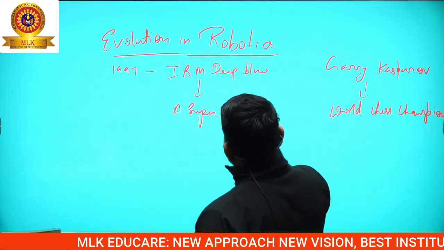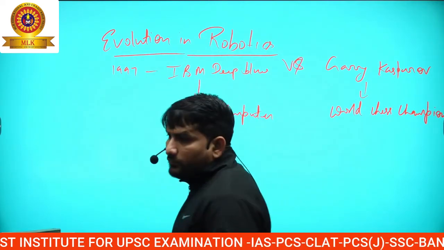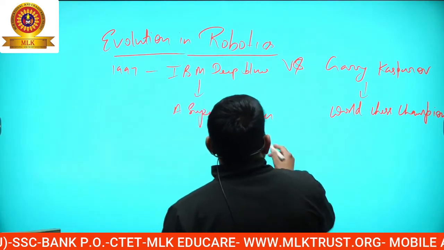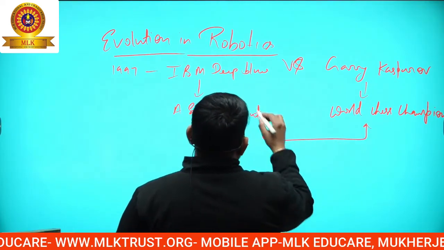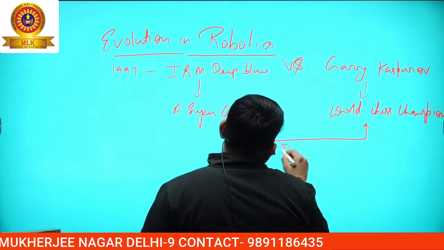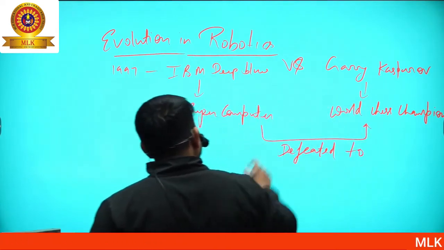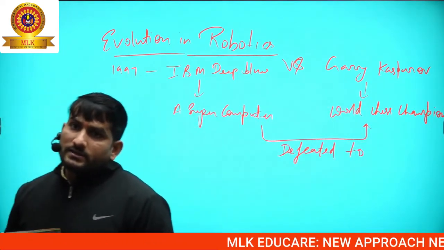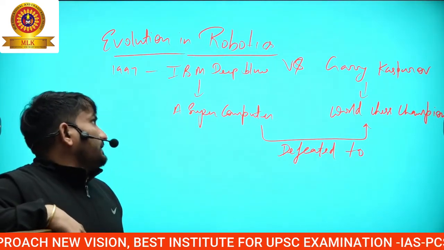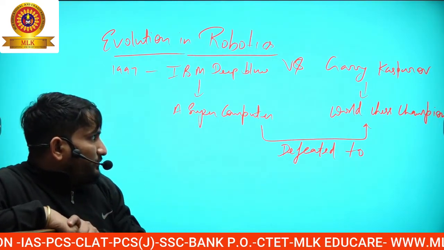Okay, so there is a match between the IBM Deep Blue versus Gary Kasparov. ठीक है, and what was the result is that this IBM Deep Blue supercomputer defeated the world chess champion Gary Kasparov. तो उनको क्या कर दिया था? ये हरा दिया था. ठीक है, तो ऐसा कुछ 1997 में IBM डीप ब्लू के साथ में मैच हुआ था.